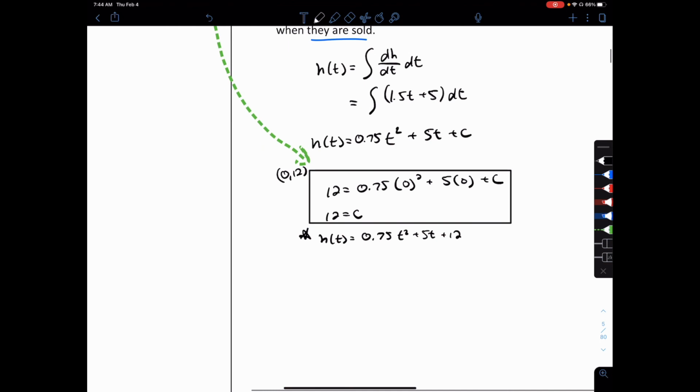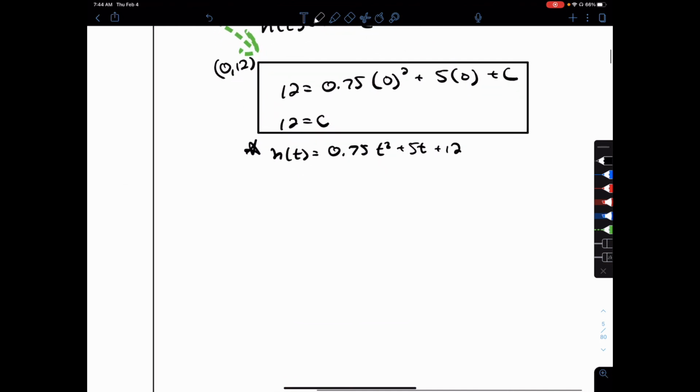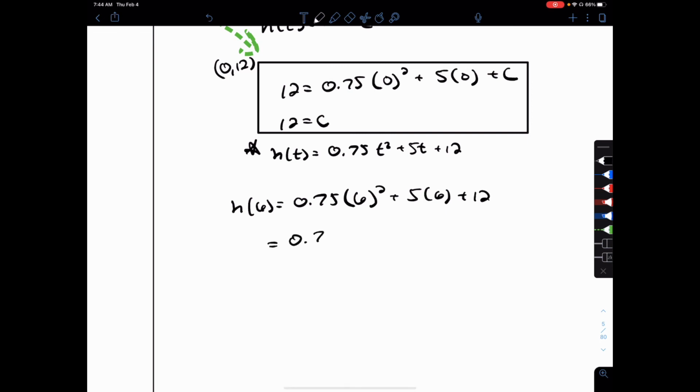So that means we have to figure out what h of 6 is. It's going to be 0.75 times 6 squared plus 5 times 6 plus 12. It's going to be 0.75 times 36 plus 30 plus 12. This is 27 plus 42.